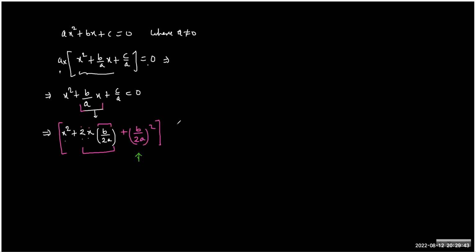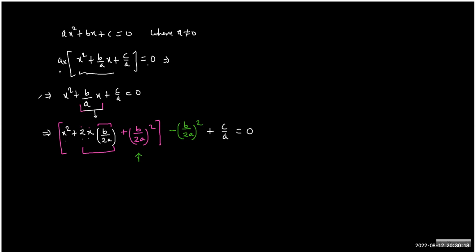No. So if something is not present and I have added it here, I must subtract it. Yes or no? Because this is actually not present in the actual term, right? And c by a is present, and this equals 0.